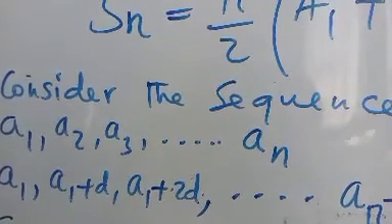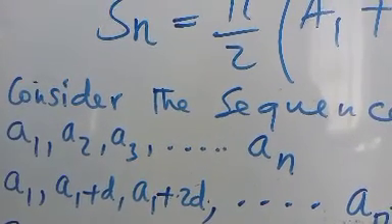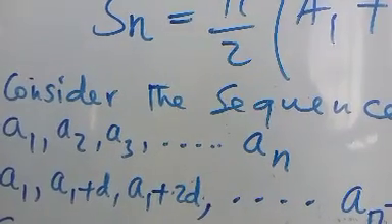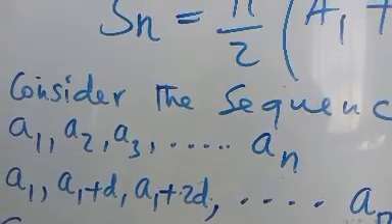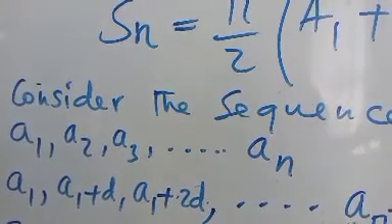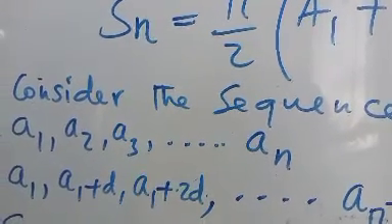But if we want to get the second term, we have to add to the first term a common number, which is called the common difference. We always use the letter d to represent that common difference.